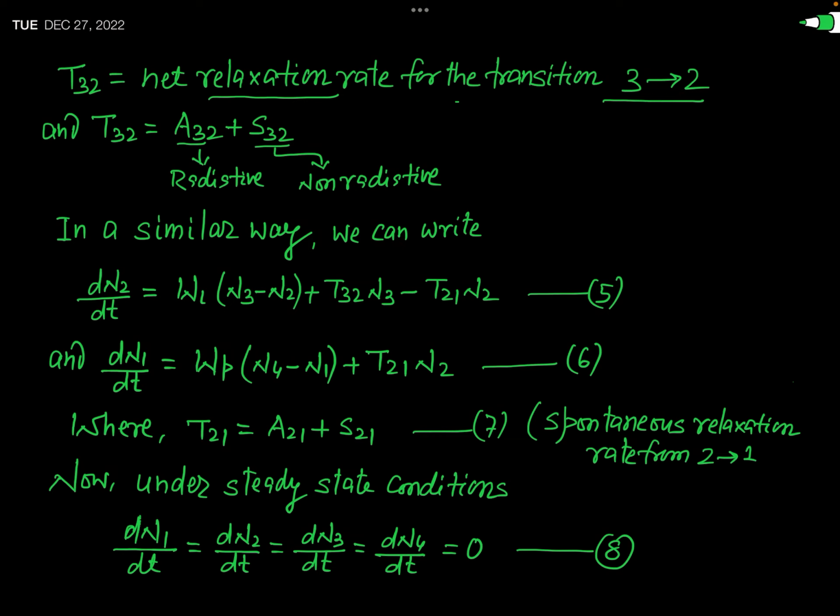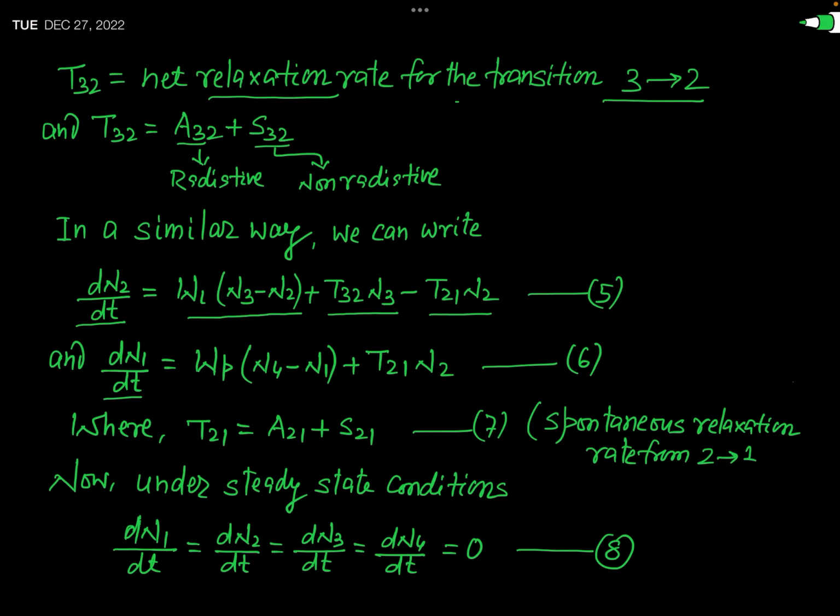In the similar manner, you can write the rate equations for level 2 and level 1. For level 2, you can write dN2 by dt equal to WL into N3 minus N2, plus T32 times N3 minus T21 N2. I hope you do not need any explanation of this equation because we have studied this several times.